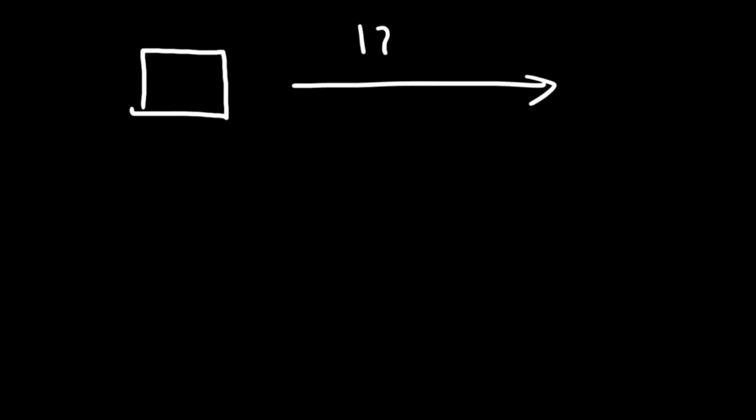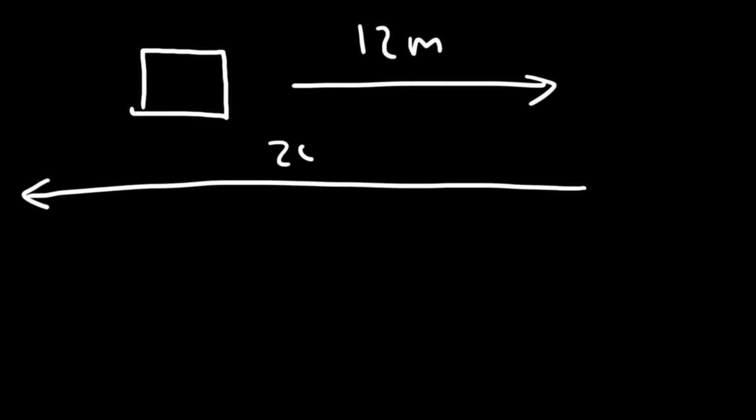Now let's say you have an object and this object traveled 12 meters east and then it travels 20 meters west, and it did so in a total time period of 4 seconds.